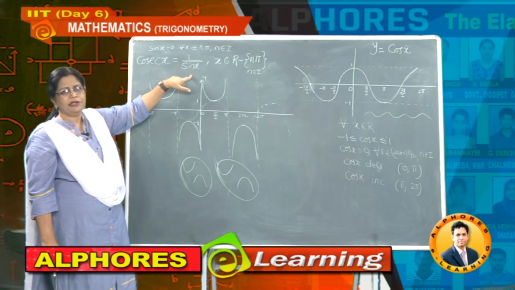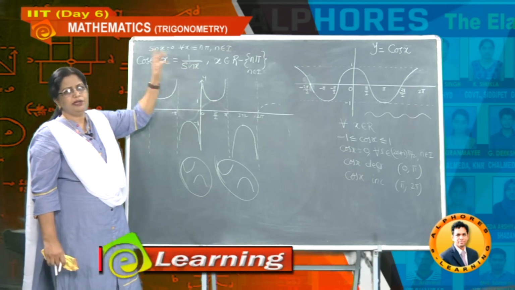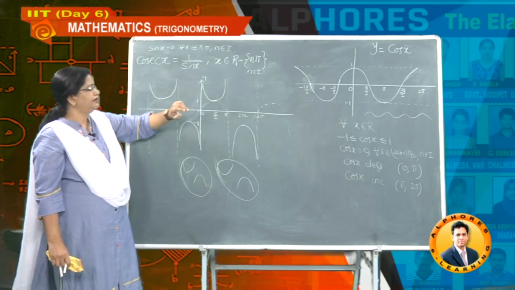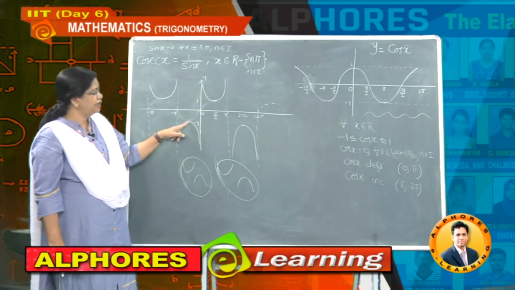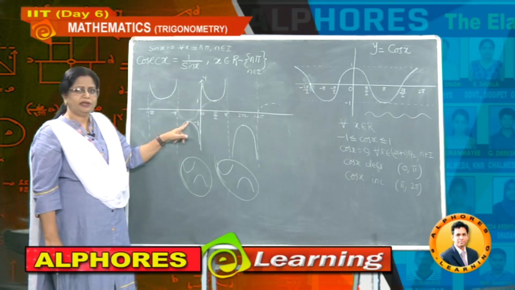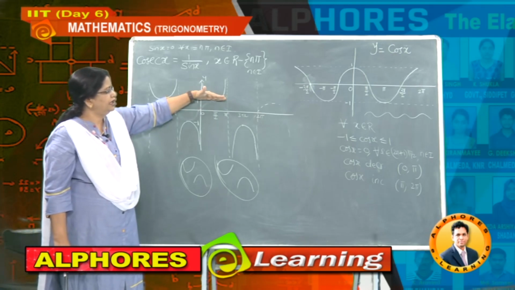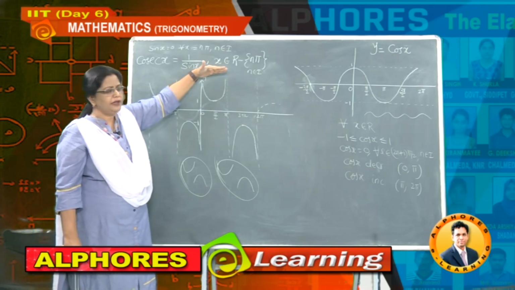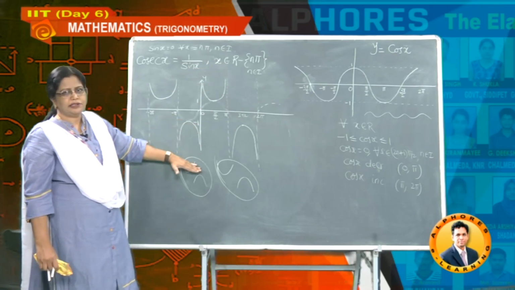What is 1 by sine 90? It is 1 only. So cosecant 90 is 1, sine 90 also 1. So 1 is there, and here similarly -1 is also there. But after 1, all values are more than 1. Understand? And all these values are less than -1.